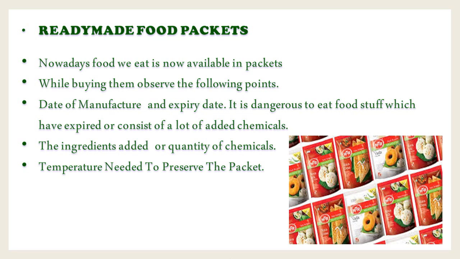First is date of manufacture and expiry date, which is very important. It is very dangerous to eat food stuff which has expired or consists of a lot of added chemicals. Observe the ingredients added and the quantity of chemicals.